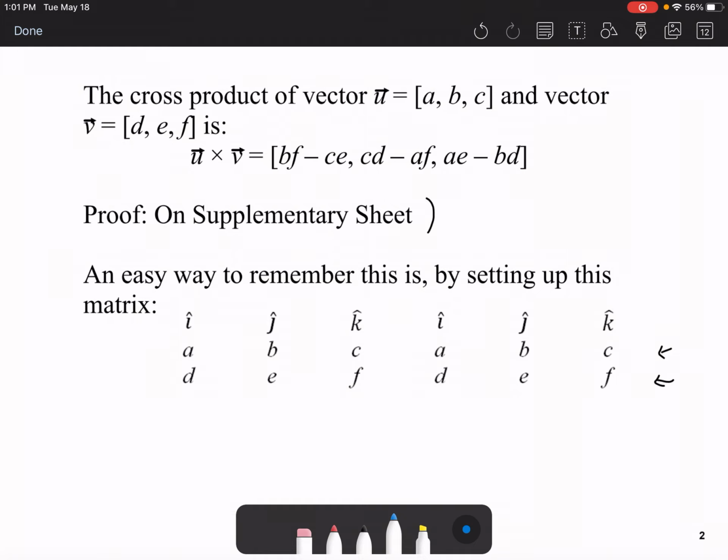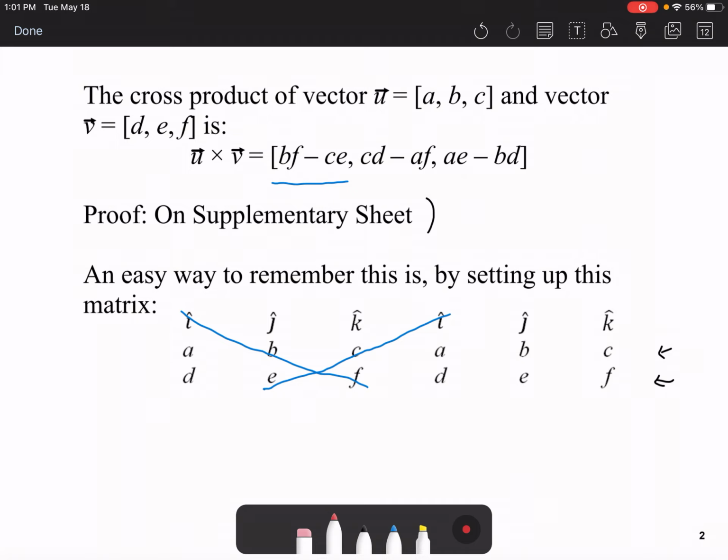So what you usually do is you go from the i down to the right, and you cross b and f first. So you take b, you multiply by f, and then you come across to the other i and come down towards the left now, and you cross c and e. So you take bf and you minus ce, which you can see right here.